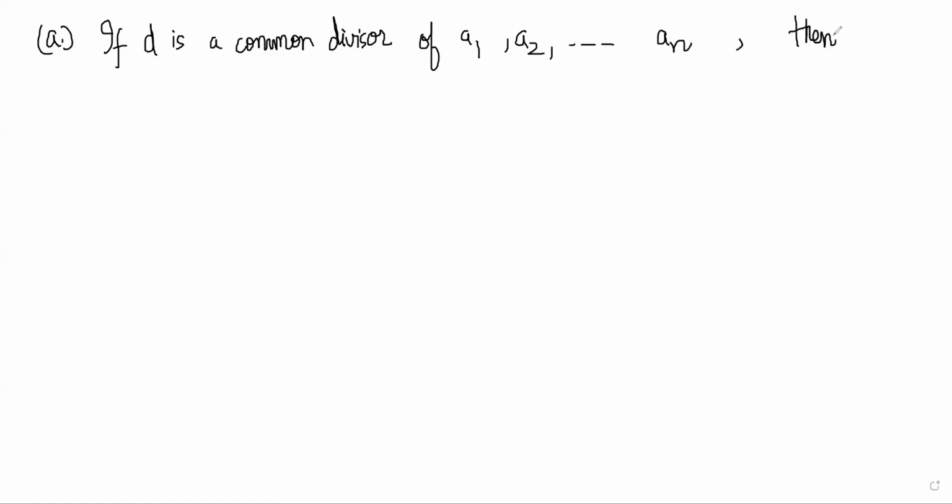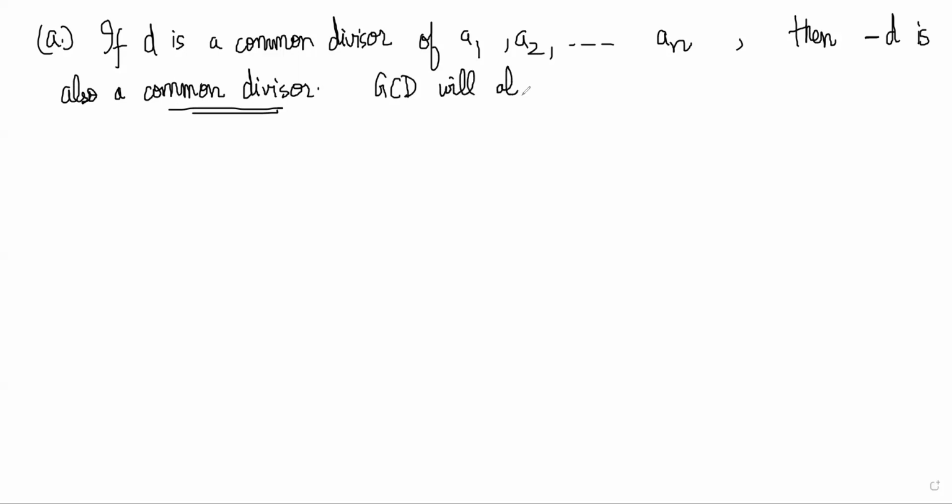Then minus D is also a common divisor. Obviously, division can be done with both negative and positive divisors. If D is a common divisor, minus D will also be a common divisor. And this tells us that the greatest common divisor will always be positive.